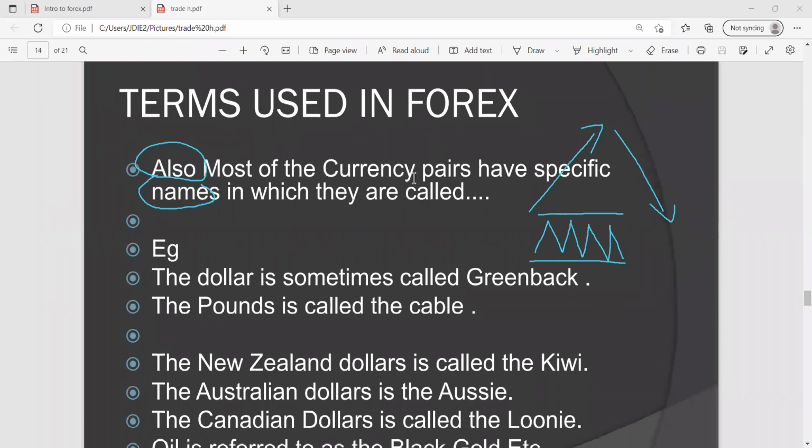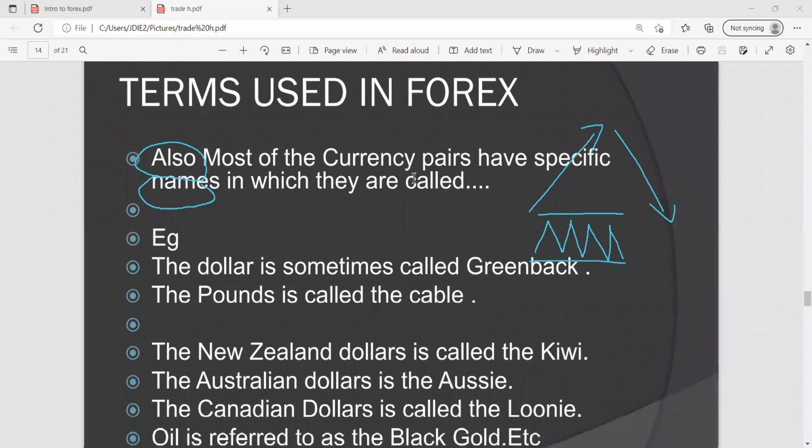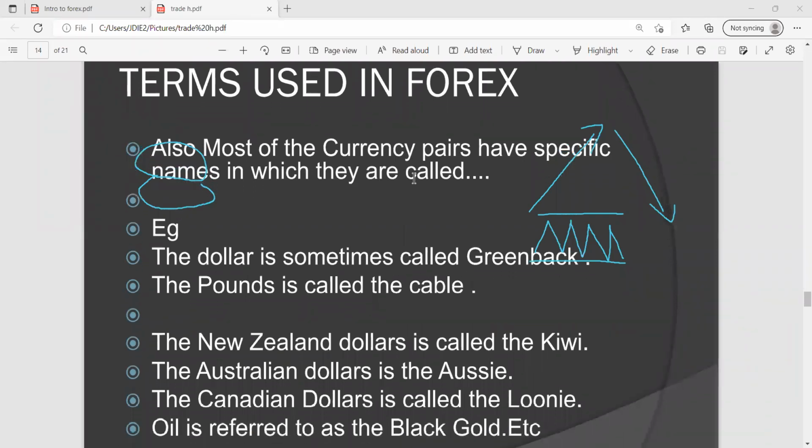Okay. So other terms used in the forex market are nicknames for some currencies. You hear some people saying the greenback, which they are just referring to the dollar. You hear somebody saying the Aussie, which refers to the Australian dollar.